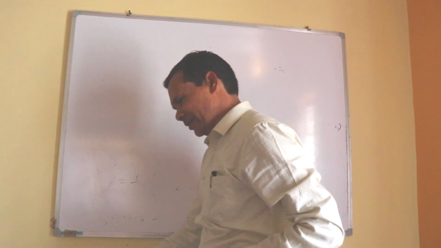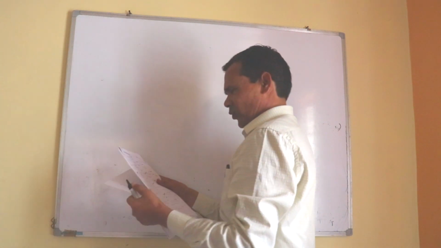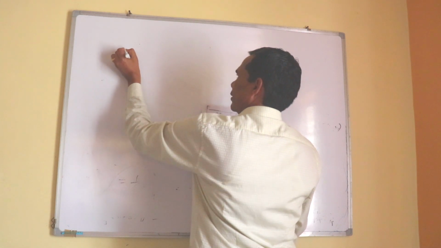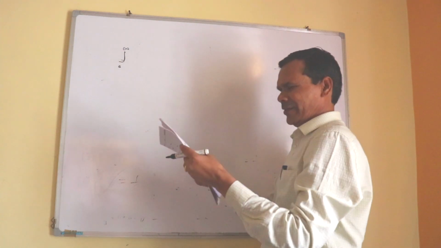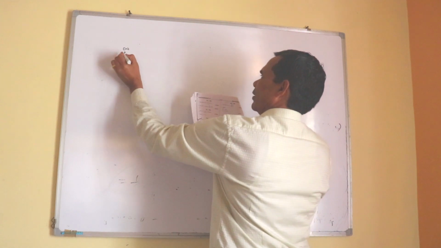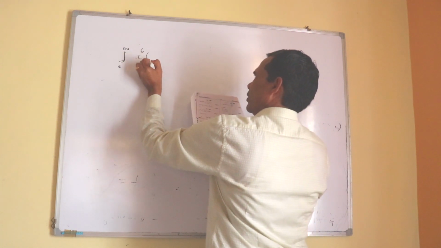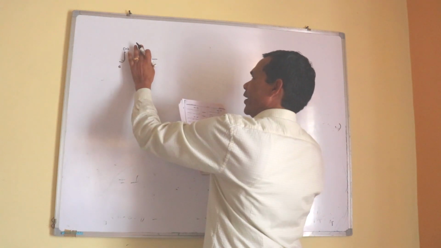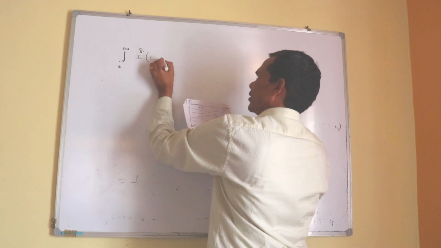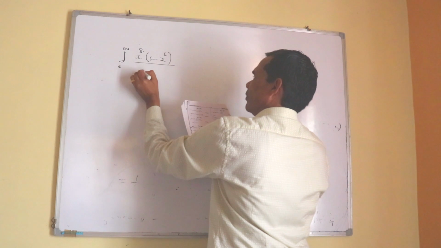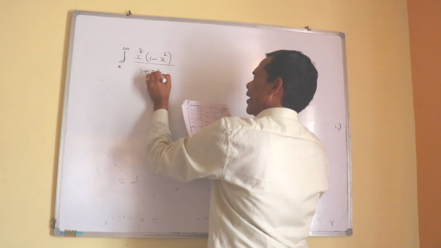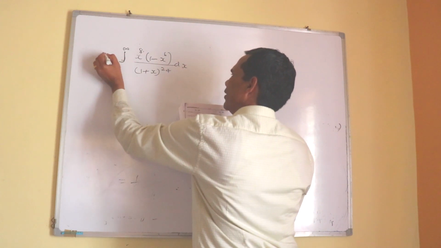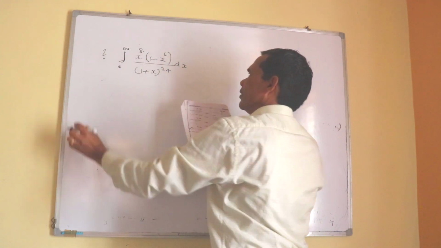The next example is to evaluate the integral from 0 to infinity of x raised to 8 into (1 minus x raised to 6), divided by (1 plus x) raised to 24, dx. So you have to find the value of this integral.